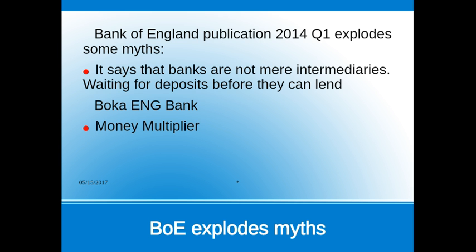It says that banks are not mere financial intermediaries, i.e. they do not wait for grandma or grandpa to deposit money in a bank before they can lend it out. They simply do the accounting entry. And then there's the money multiplier, which assumes that the Reserve Bank controls the amount of money the banks can create. And that's not true.